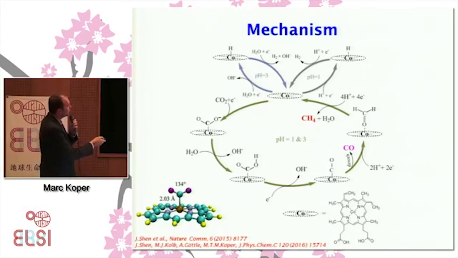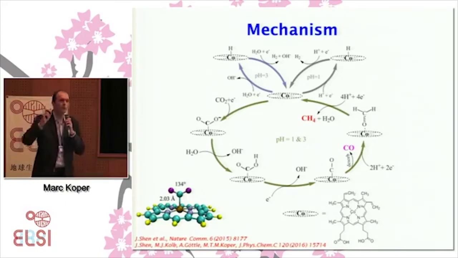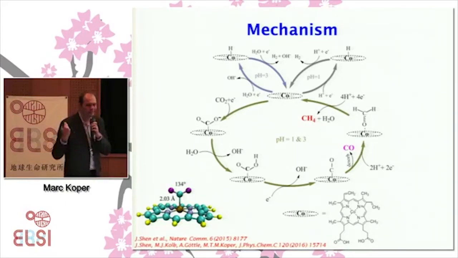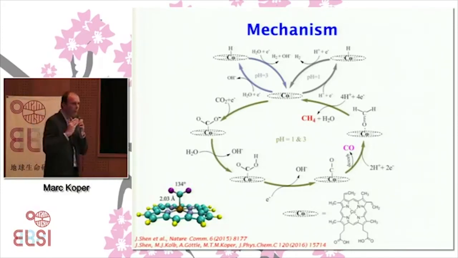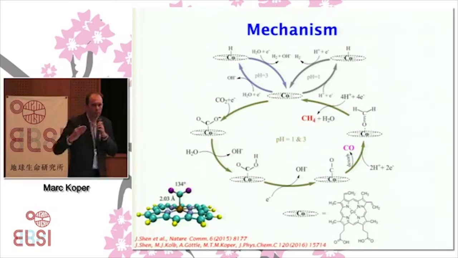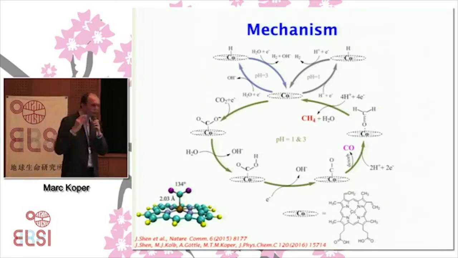If we reduce that from the 2+ to the 1+ state, that is when the CO2 binds to the cobalt center. And this is just an electron transfer, and the protons are only transferred later. So here we decouple proton from electron transfer, and that makes this cycle pH sensitive and this cycle not. And so now by playing with pH, we can optimize not only activity, but also selectivity, and we can tune the pathway that we want to take place.